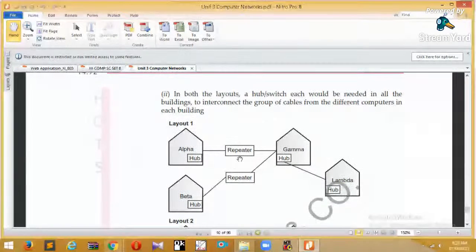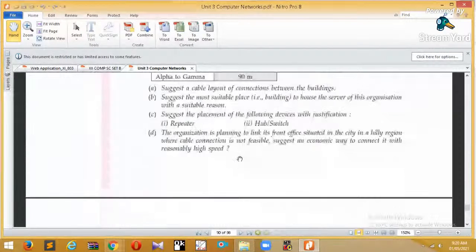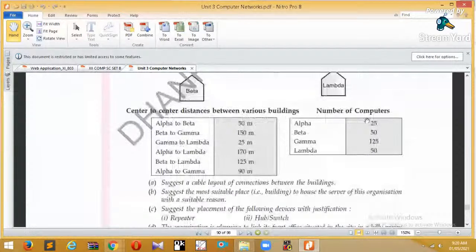So, from the information given in the question, for each building there are several computers, more than two computers are there. So we need to connect more computers.